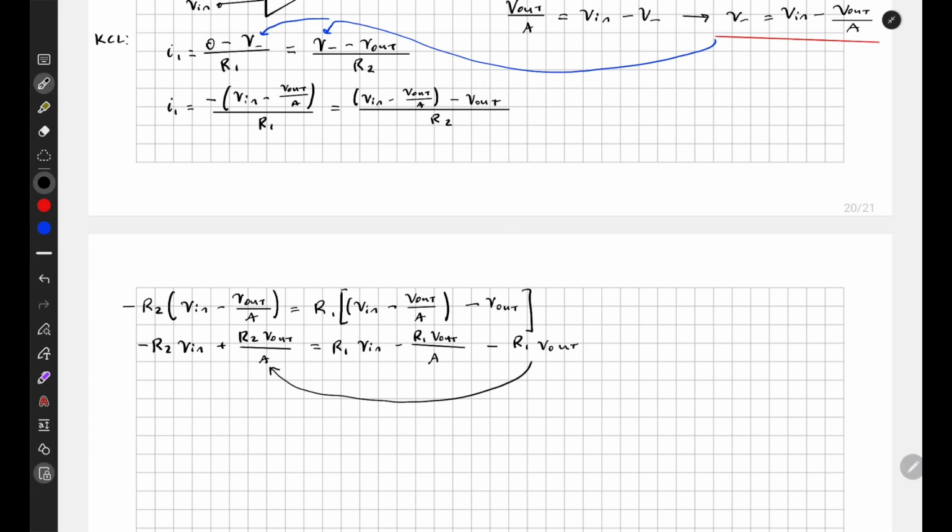So you get R1 V out plus R2 V out divided by A, plus R1 V out divided by A, is equal to R1 V in, plus R2 V in from the right side.